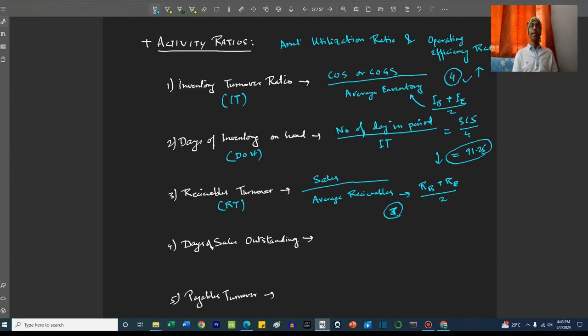Days of sales outstanding. Days of sales outstanding is basically the number of days in the period divided by the receivables turnover. Now let's say the receivables turnover is 3 and the period is 1 year or 365 days.